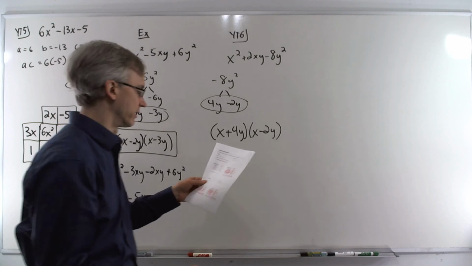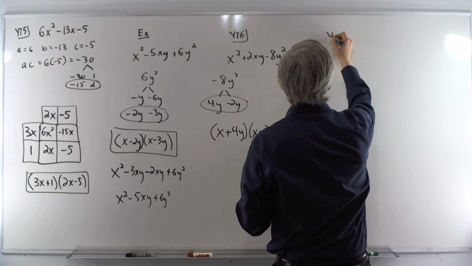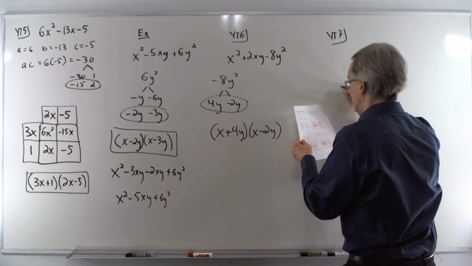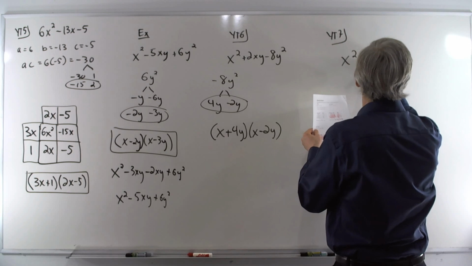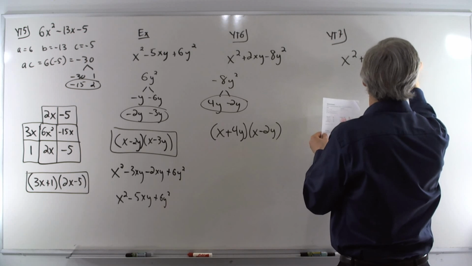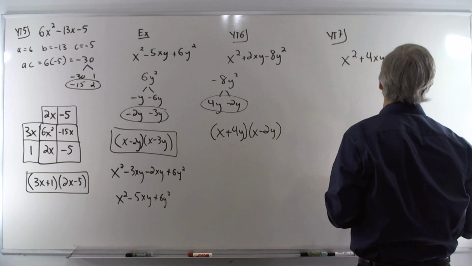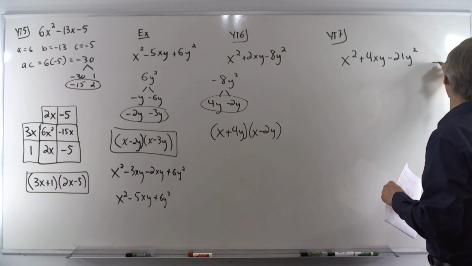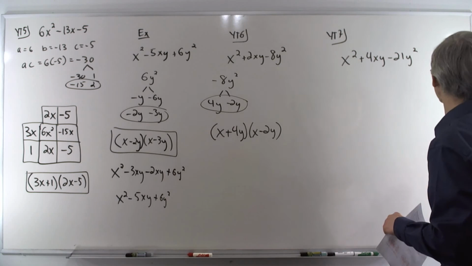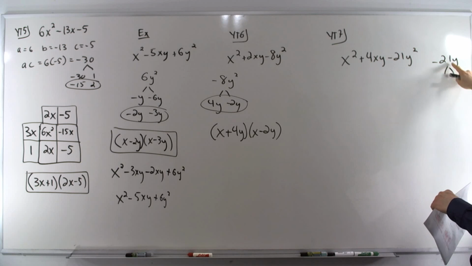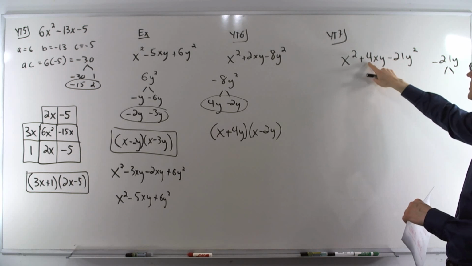Your turn, number 7. All right, now we want two expressions that multiply to get negative 21y squared and add to get positive 4y.